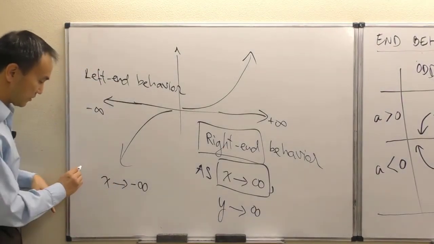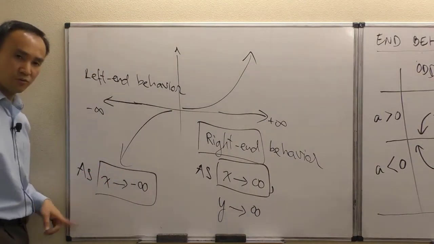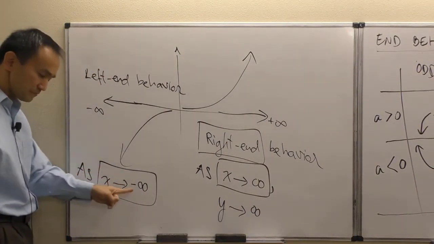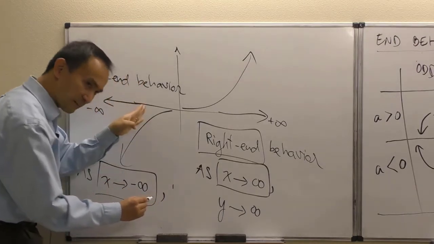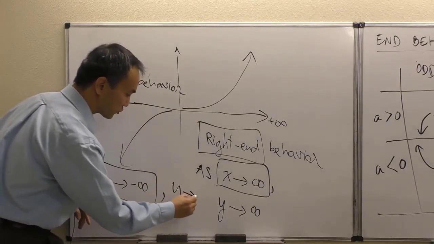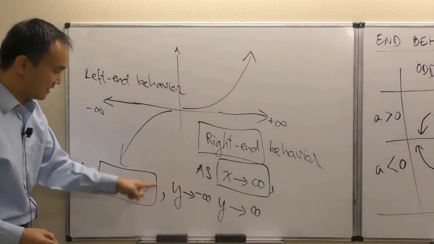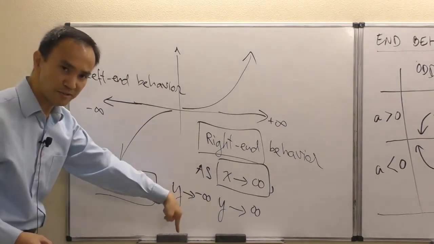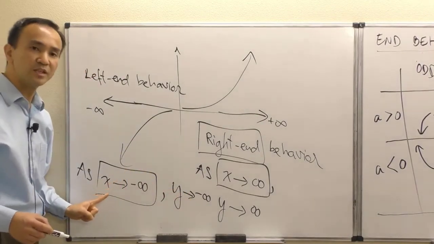So here's a complete statement: as our x values tend to negative infinity, left-hand, for this graph particularly, our y value drops vertically down to negative infinity. See, this is the behavior. Our function behaves in a way that it keeps dropping vertically as we're tending to the left end.